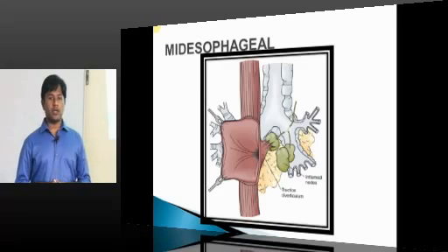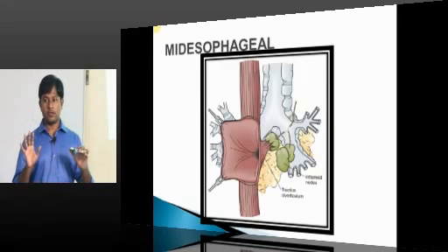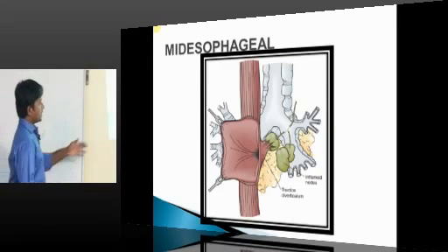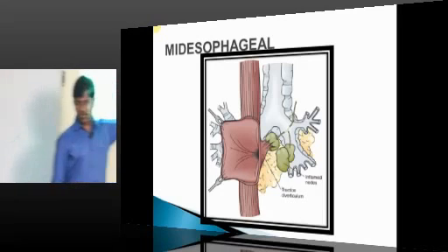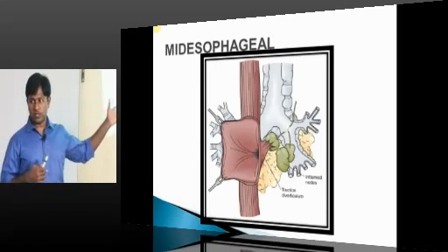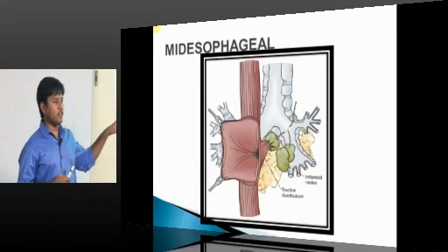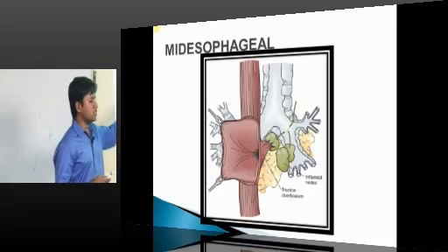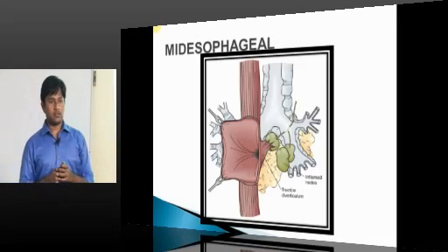Mid-esophageal diverticulum is mostly caused due to inflammation. Okay. What happens in the mediastinum is you have several structures like lymph nodes. Supracarinal, infracarinal lymph nodes are there. Whenever these get infected, they cause some fibrosis and pull the esophagus.